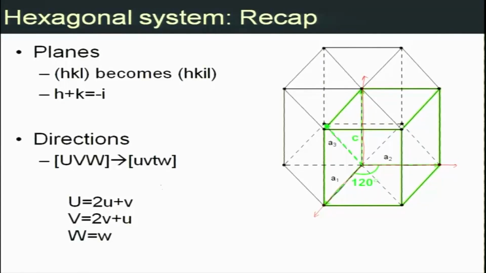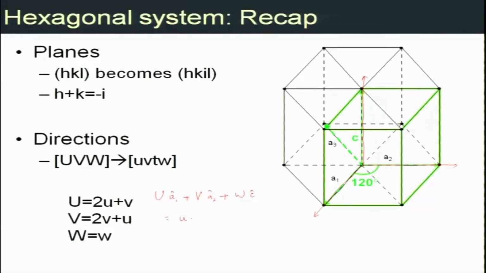You can just say capital U x hat plus capital V y hat plus capital W z hat, or rather A hat. So you can say this is A1 hat, A2 hat, and this is C hat.